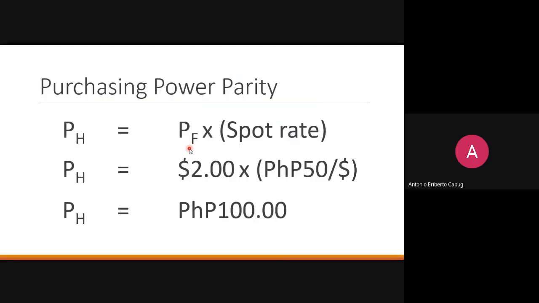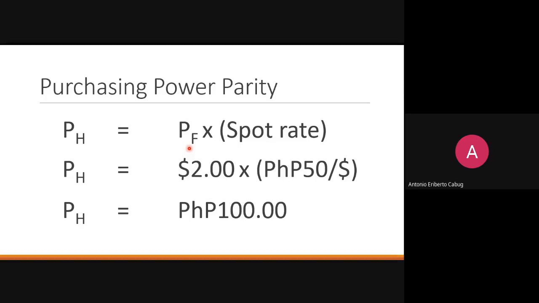Now tell me, do you think purchasing power parity, as it is defined currently, is something that is true in the real world? Anyone?